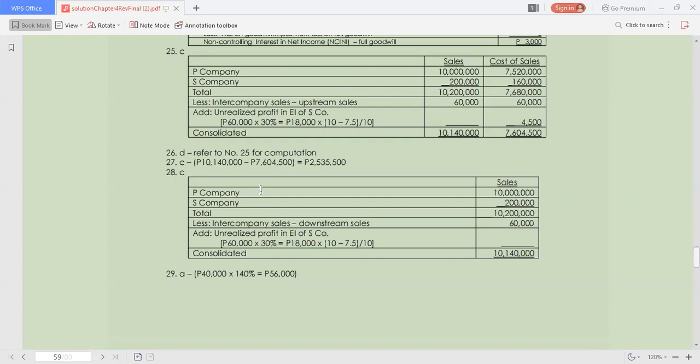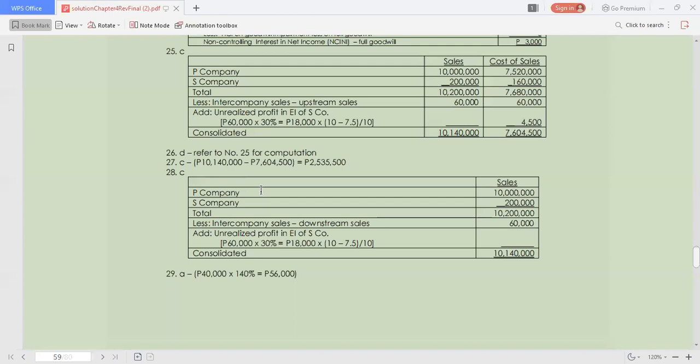Number 25, compute consolidated sales. So we have now P Company sales of 10 million, and then S Company of 200,000 for the consolidated sales total of 10,200,000.